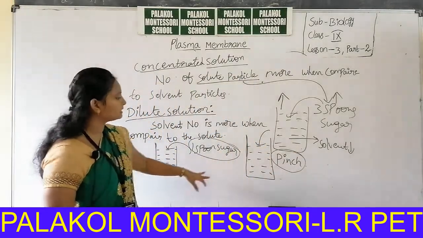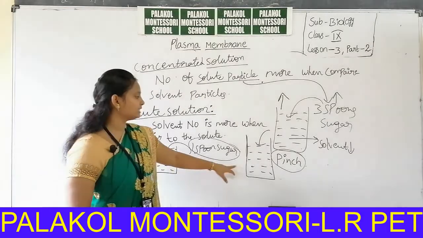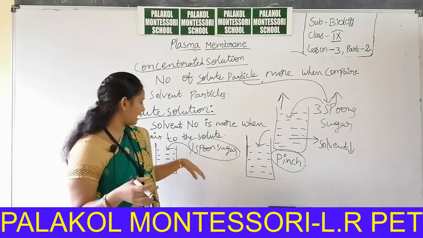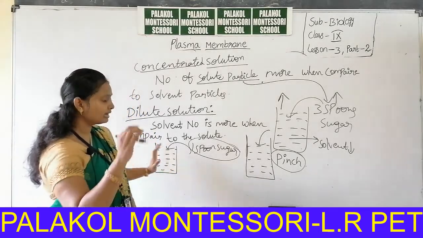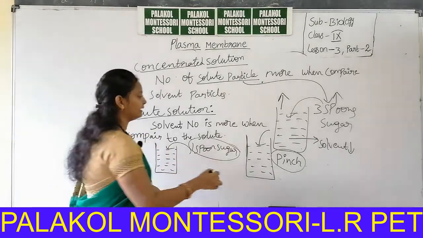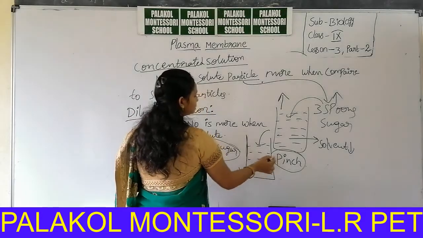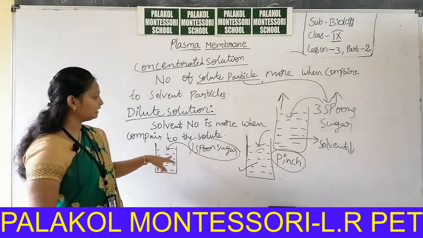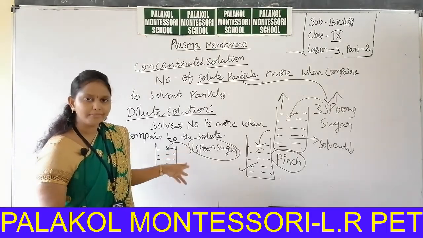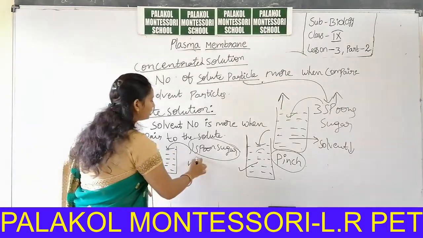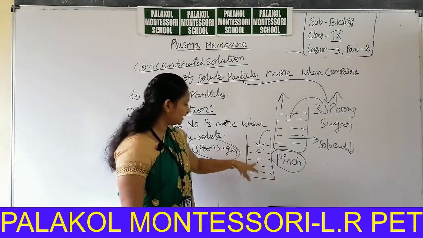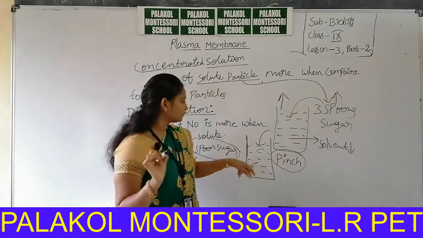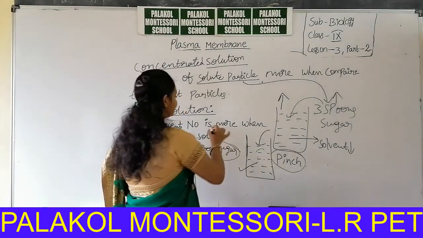So compare these two cases, which sugar is easily dissolved and which has less amount in number. In this case, the sugar easily mixed with the water, but even though it dissolved completely, it takes some more time. But when compared to it, it can take less time and it is in less number.